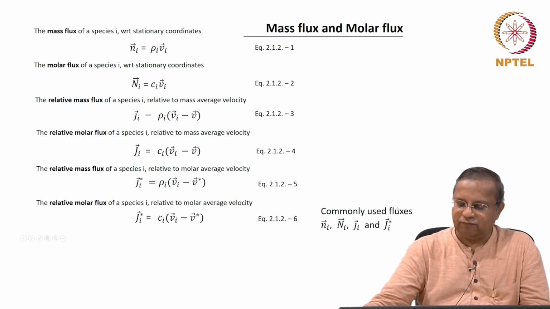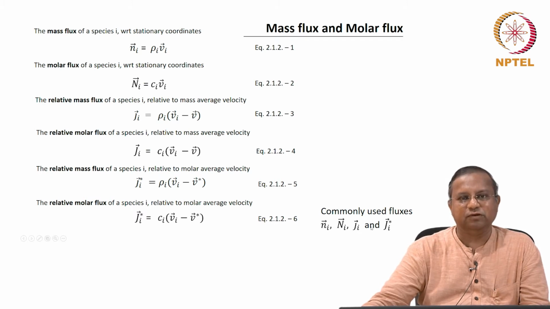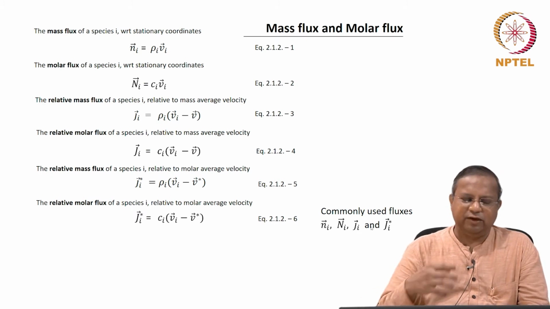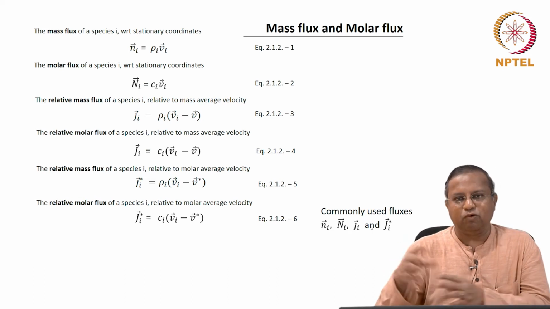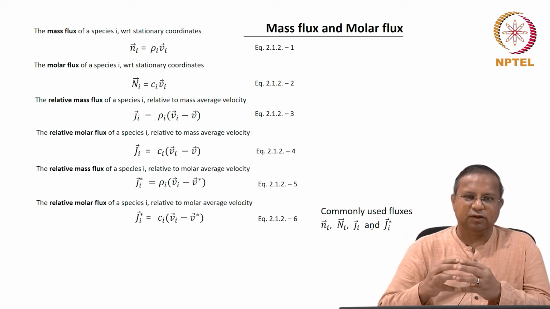The commonly used fluxes are the mass flux, the molar flux capital N_i, the relative mass flux lowercase j_i, and the relative molar flux uppercase J_i star. These are the ones that we will commonly use in this course. There are various other bases on which you can take relative fluxes on a molar basis and so forth.